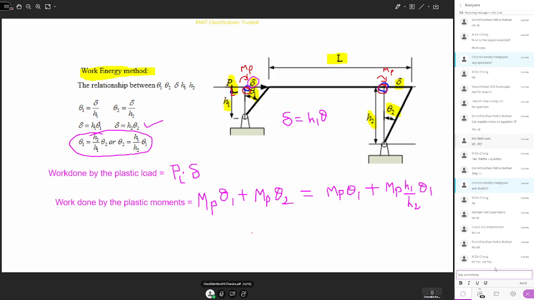Now the work done by the plastic load and the work done by the plastic moments will be the same. So PL into delta, and I write everything in terms of theta1. H1 delta is H1 theta1, so I can write H1 theta1.